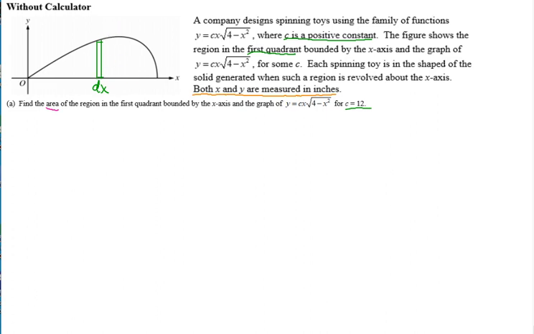So the key thing, though, is we need to figure out where this region starts and stops. And notice what these points have in common. They have in common the y-coordinate is 0 because they're x-intercepts. So that's how we can find them. We can take our equation here and let y equal 0.